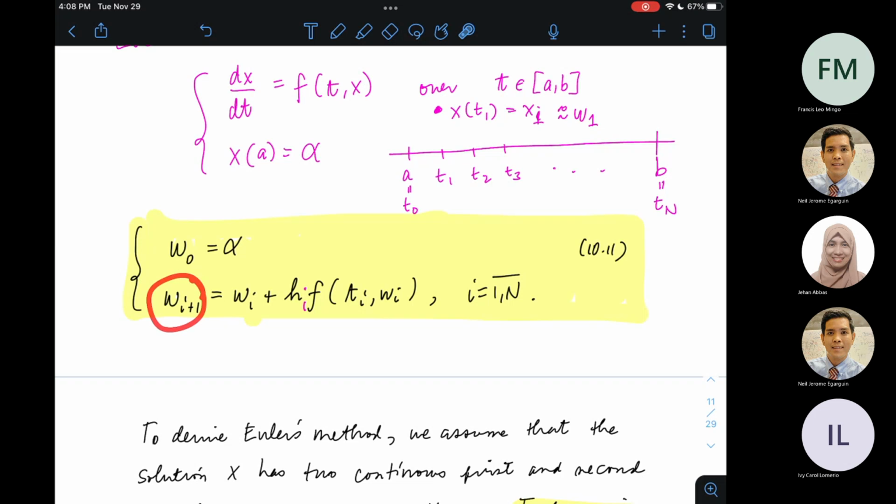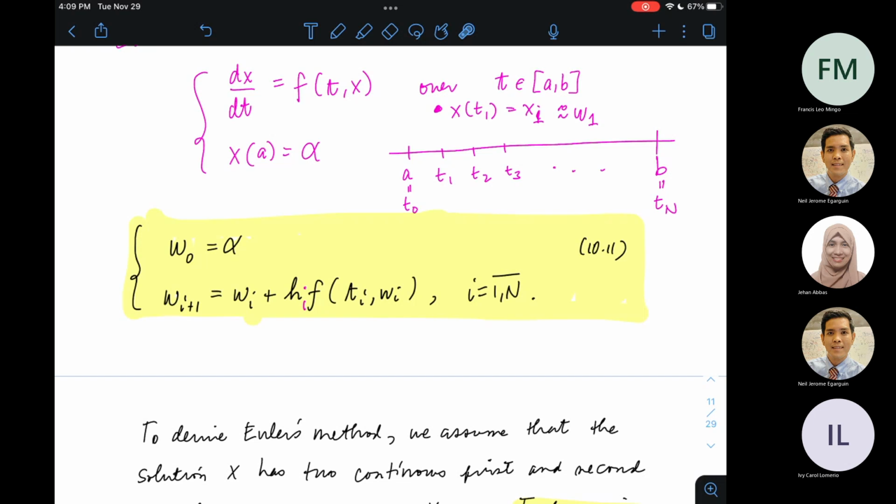And to find the value of w sub i plus 1, we're using only one previous estimate, namely w sub i. And you see here, h sub i is just a step size times the function value under little f. So, malaking simplification ang naganap dito.